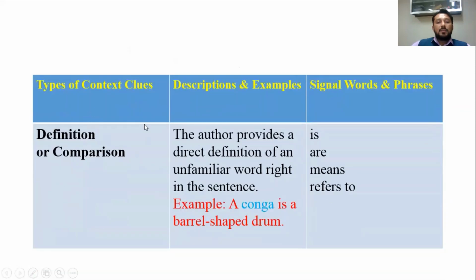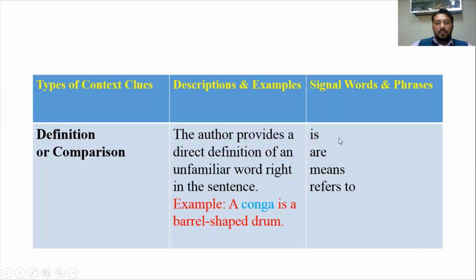So the first type of context clue is definition and comparison. Its description and examples are here, and signal words or phrases. These are signal words or phrases like is, are, means, refers to. These will help us to guess the meaning of a new word in a sentence.